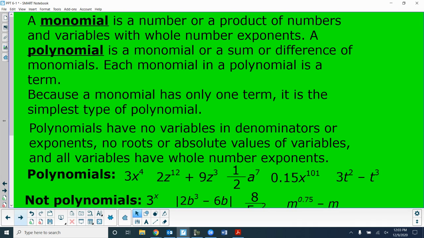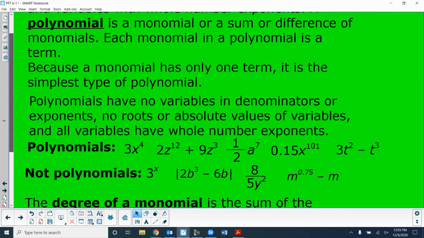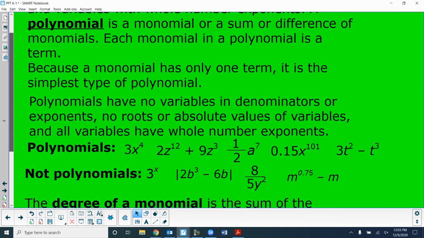It says polynomials have no variables in denominators. So there's a variable in the denominator. That's why that is not a polynomial. Or variables in exponents. So this is not a polynomial.